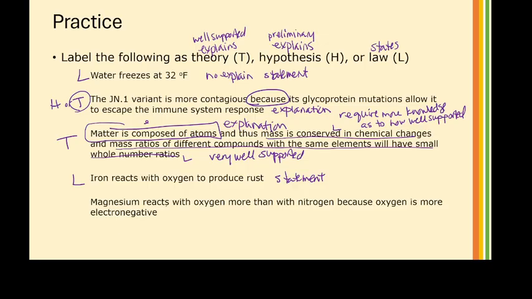Magnesium reacts with oxygen more than nitrogen because oxygen is more electronegative. So I'm seeing this explanation. Again, I don't know whether this is well supported or not, and you may not be sure of how well supported this is.